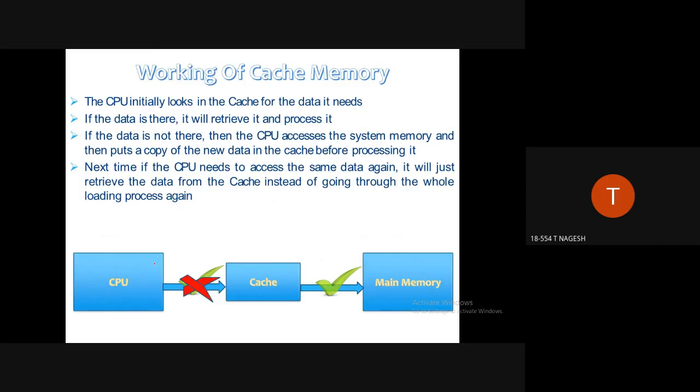It should not go to the main memory again; it can simply retrieve that data from the cache memory as it was already loaded before, right? So this is how the working of cache memory happens.